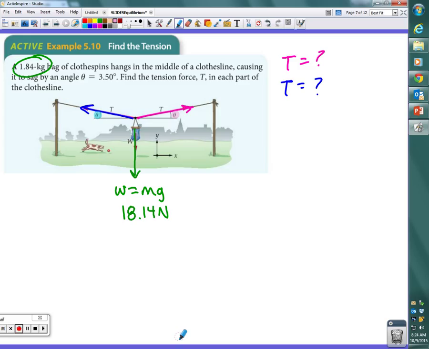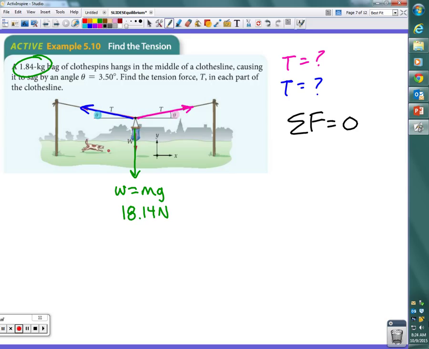It's in equilibrium. If something is in equilibrium, that means the net force has to equal 0. Even though it didn't specifically say that the bag of clothespins is in equilibrium, it has to be true. It's not moving.